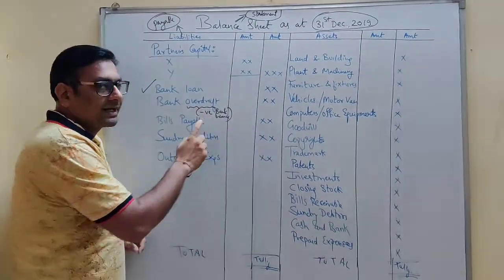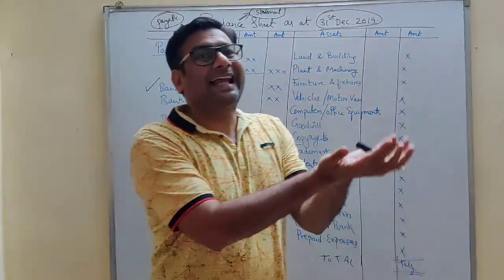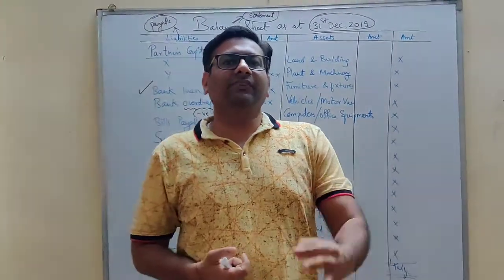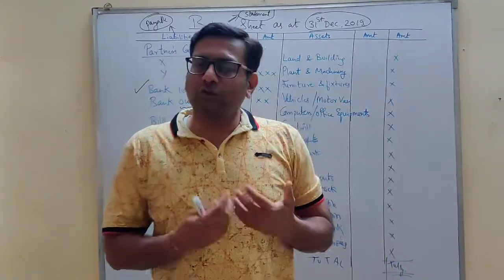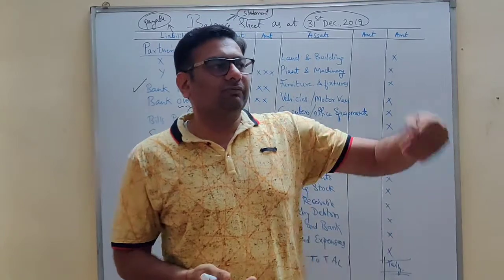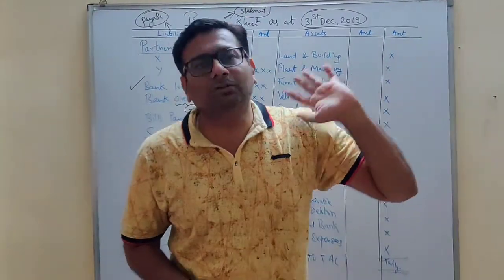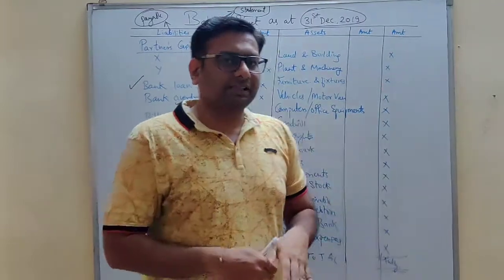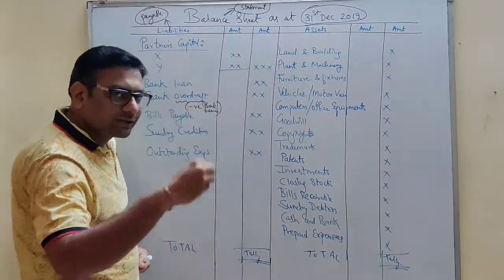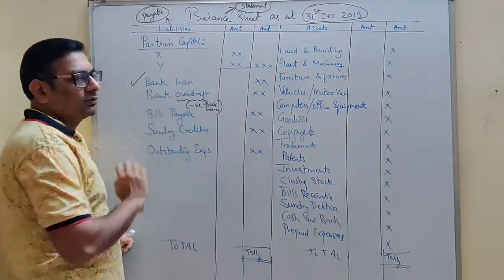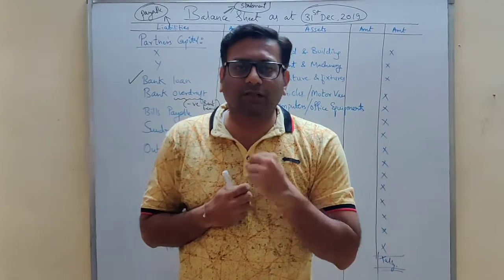But this negative bank balance is possible only if you enjoy an overdraft facility from the bank. Otherwise the check gets bounced. If you don't have balance in your account and you issue a check to your supplier for a larger amount, it will get bounced. But if you have an overdraft facility, your bank balance will go negative. That is called bank overdraft. In our example the negative balance was 2,000.